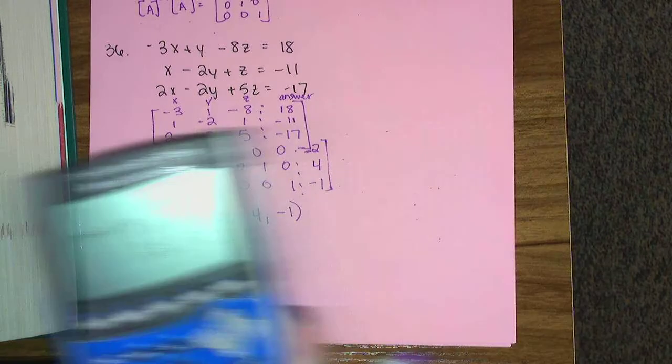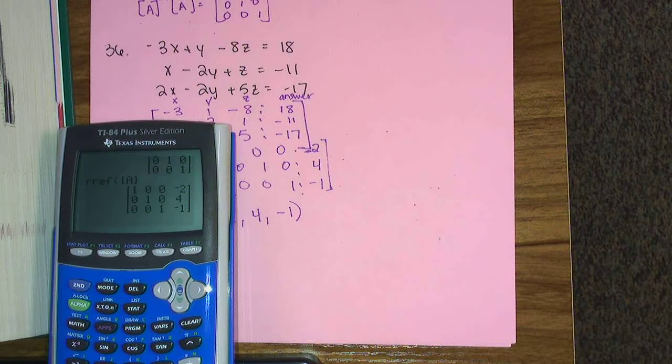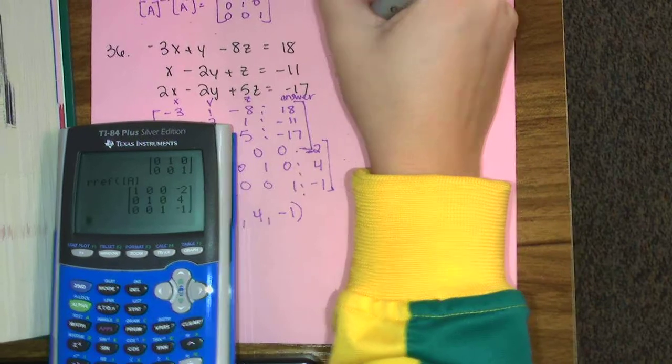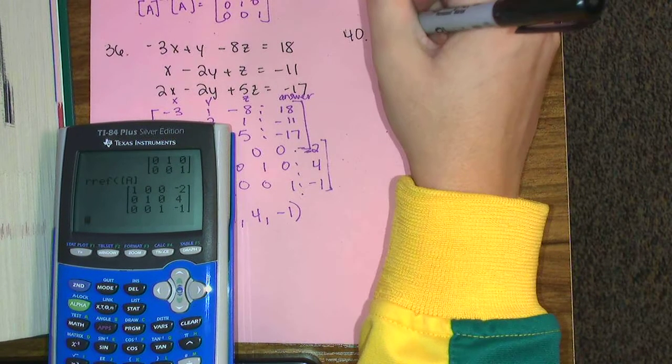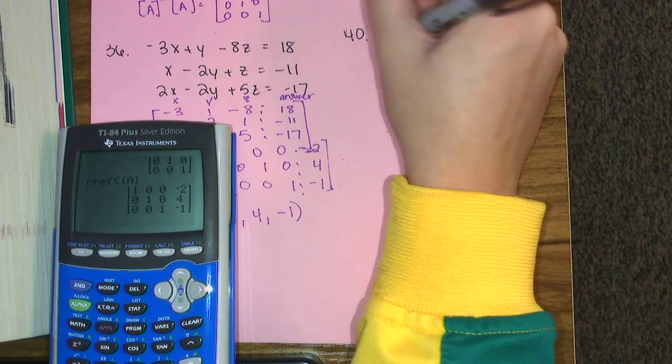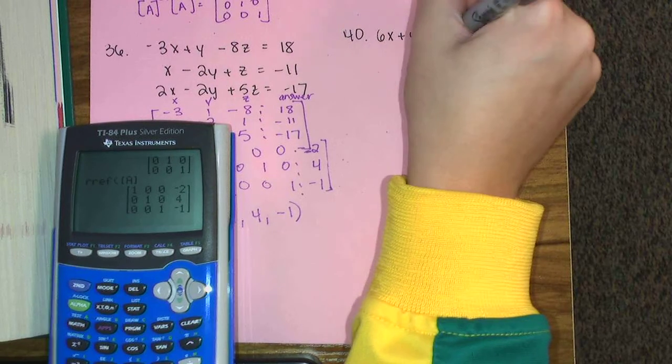All right. Let's do one more, and then I'm going to give you guys some problems to work on. All right, I'm going to just try to fit it right here. Number 40: 6x plus y plus 2z is equal to 11.